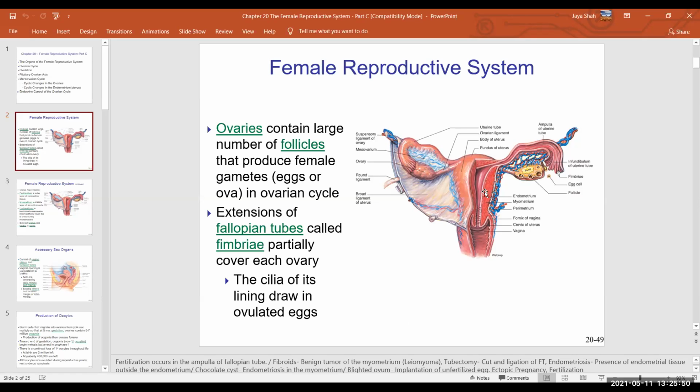After the conception, the outer cells of the growing embryo become a gland, and that gland is called the trophoblastic cells. Those trophoblastic cells start producing a hormone called beta HCG, human chorionic gonadotrophin hormone.